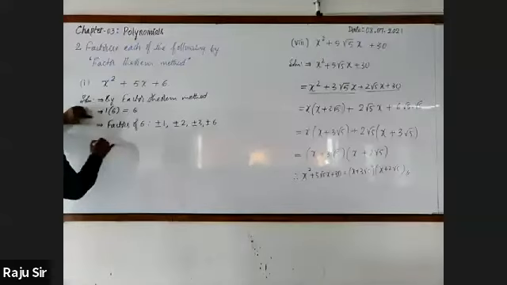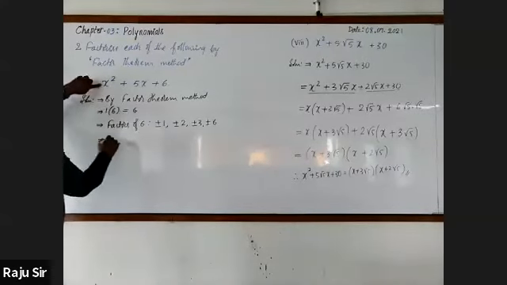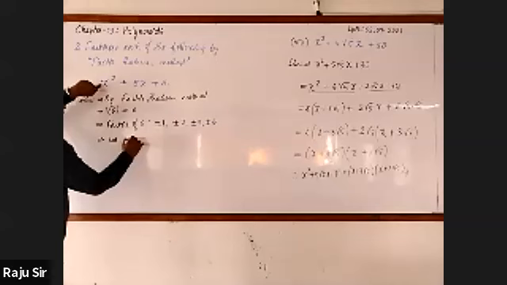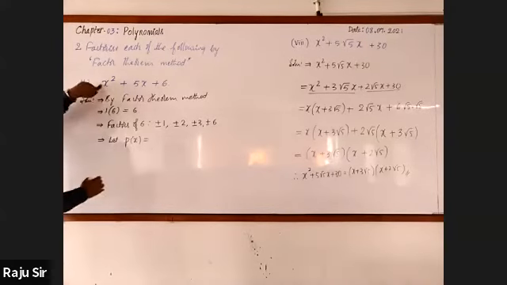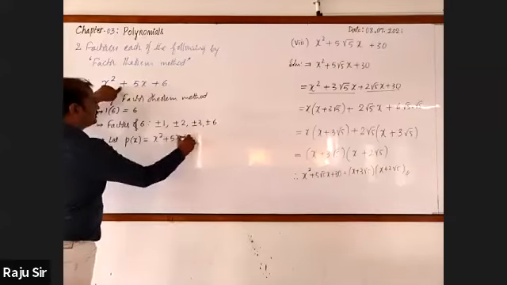Next, let us write the given polynomial as P of x. Let P of x is equal to x square plus 5x plus 6.